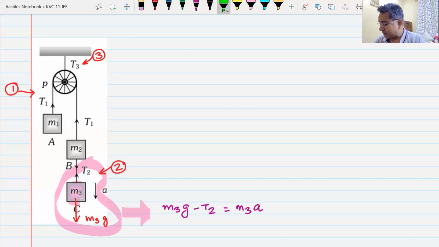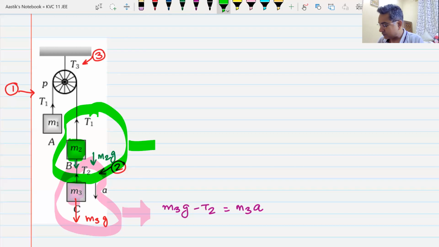Okay. Now let me call this the green block. If I draw the free body diagram of this green block, its weight would be downwards, M2G. Tension T2 is also downwards, T1 is upwards. It is going downwards, remember.